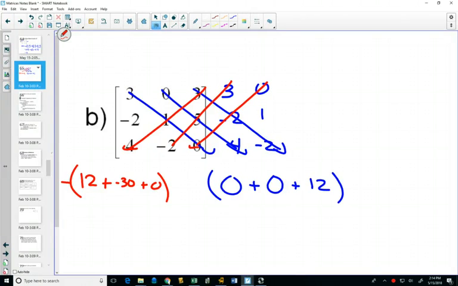So you get, in the end, 12 minus a negative 18, which is 30.